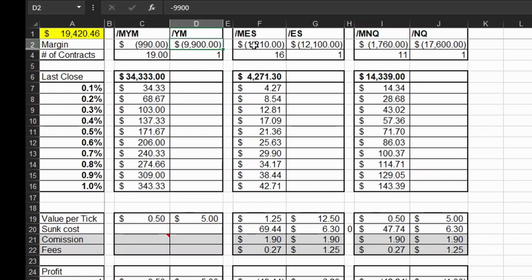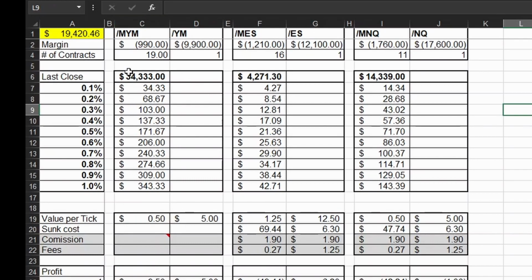I've also listed the margin requirements for the MES and the ES, and the MNQ and the NQ, in case you trade those, since I know most people trade the ES, which is the S&P 500, and the NQ, which is the NASDAQ 100. There's also the option of trading the Russell 2000, which is RTY. I've traded it in the past, but it's not really something that I like to trade. I've traded all these three indexes in the past. My focus right now is really just trading the Dow Jones Industrial Average, so that's what I'm going to talk about.